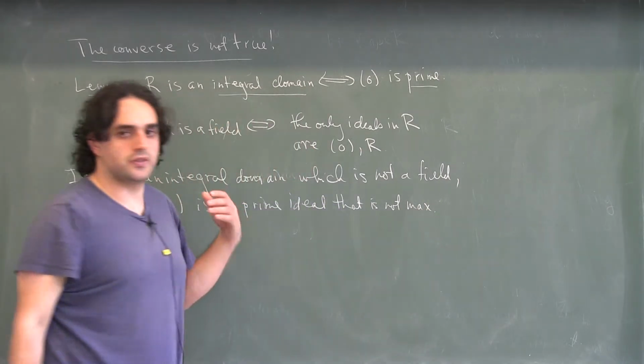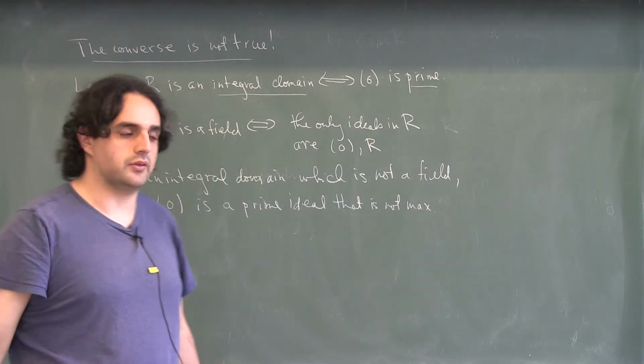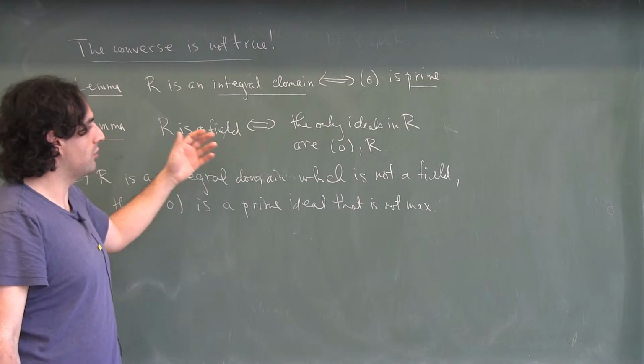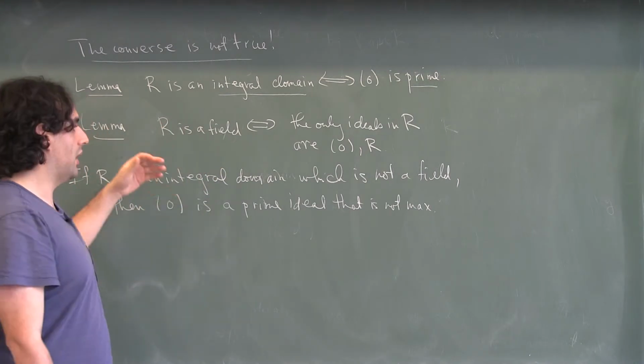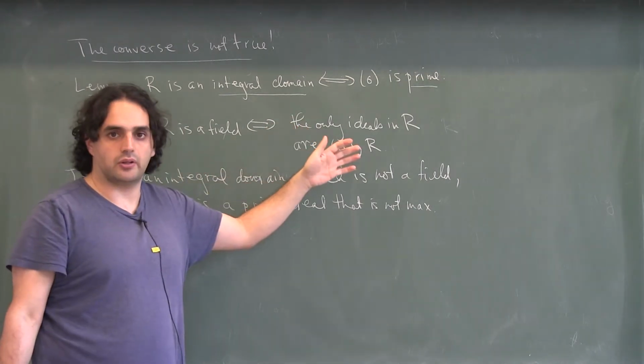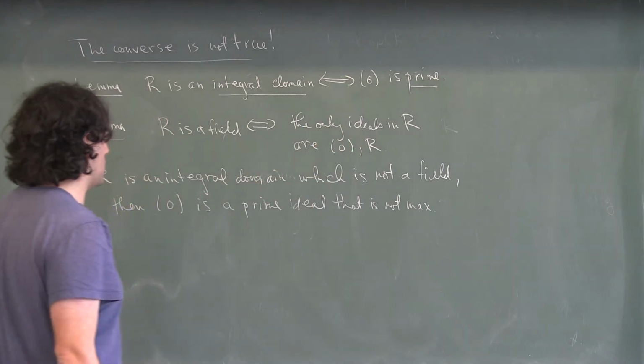Because, of course, the zero ideal is contained in every ideal. So as long as we know that it is prime and that there is some other ideal out there, 0 is contained in it, so it's not maximal.